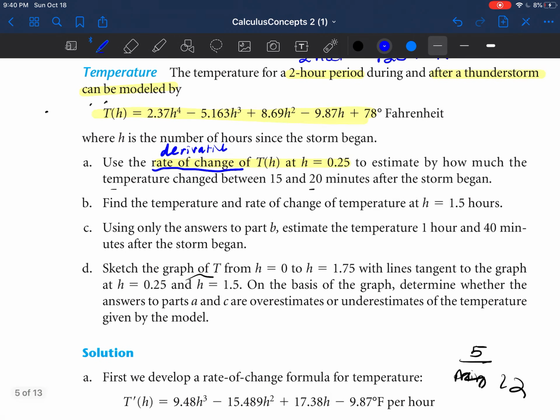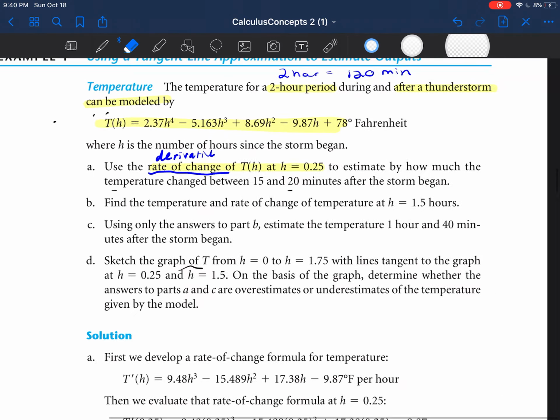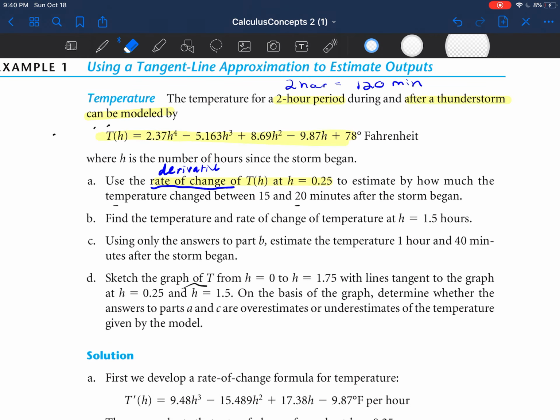That's your derivative. Then it says how much, and then find it at 0.25. So what's 0.25 of 2 hours? That's literally just going to be, let's do 0.25 times 120.